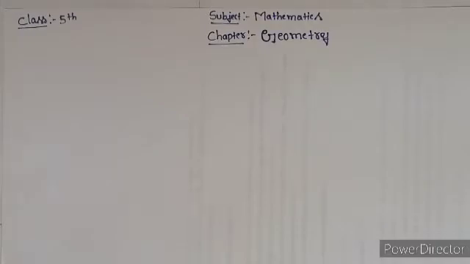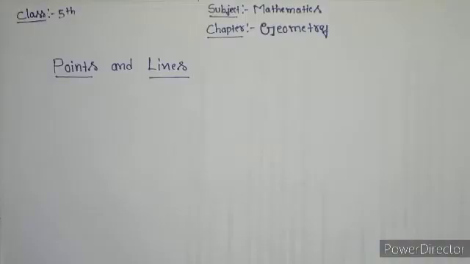Here, first we are going to know points and lines. Points and lines are the building blocks of geometry. These two concepts form the basis of all the geometrical concepts and theories.